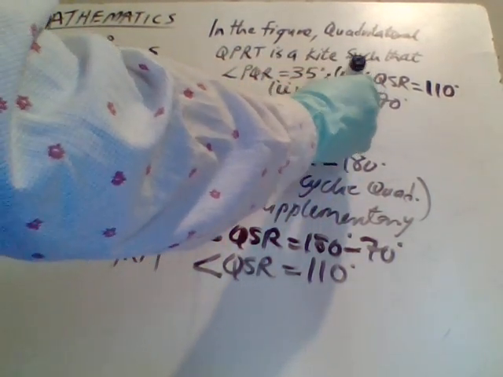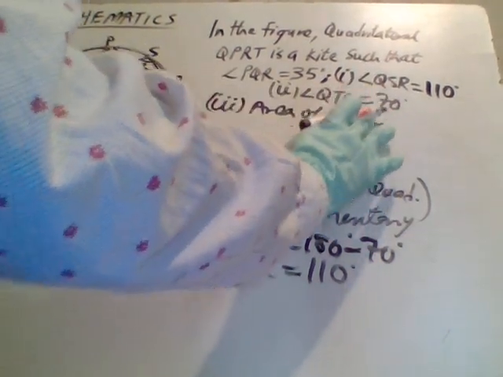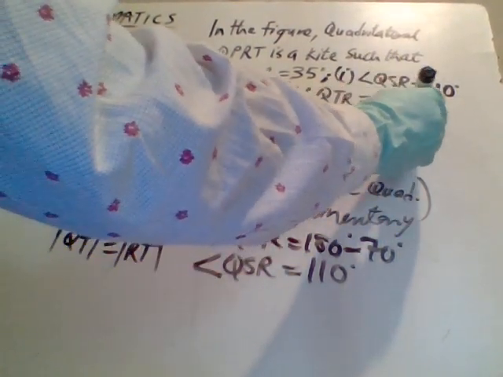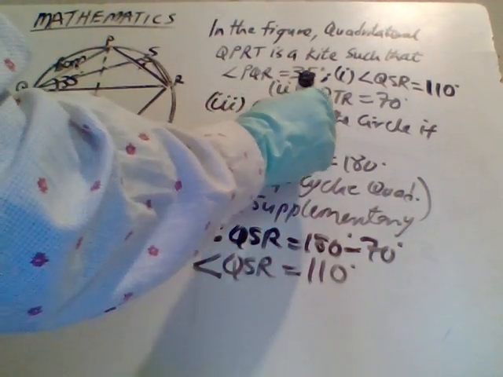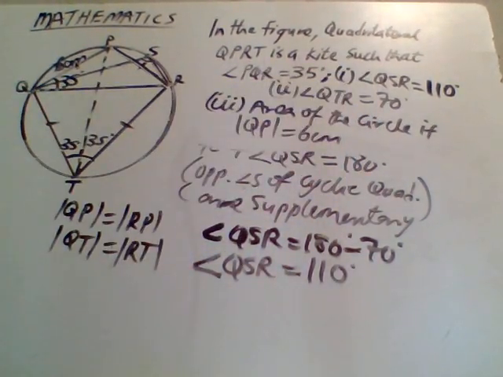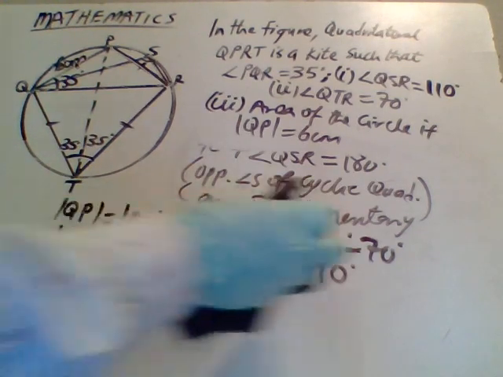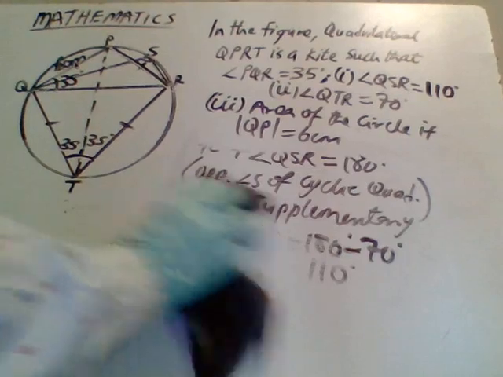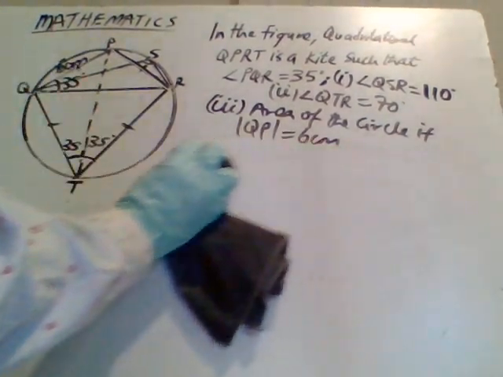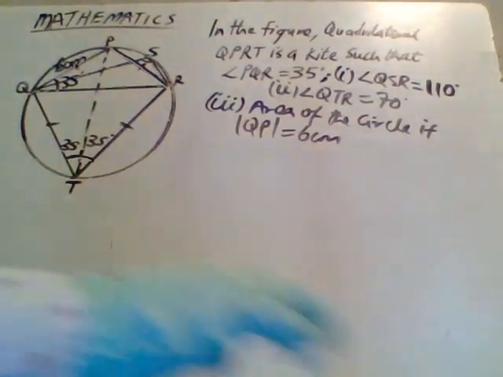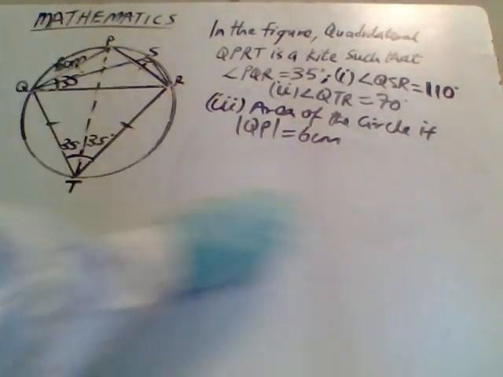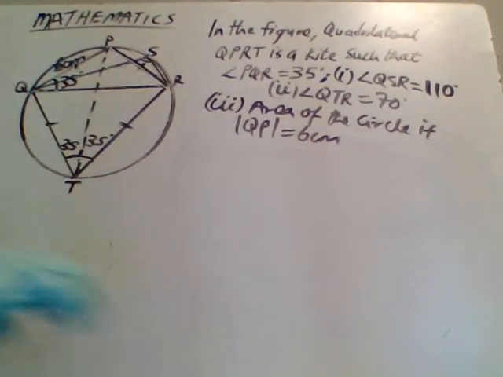Area of the circle, if QP is 6 cm. So how do we find the area of the circle? Let's proceed to find the area of the circle. For us to find the area of the circle, we must get the radius of the circle.